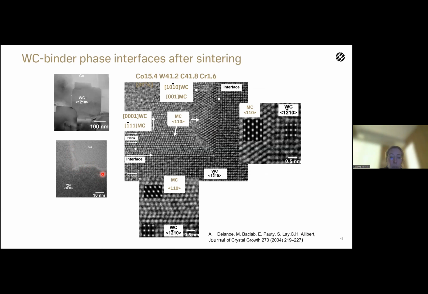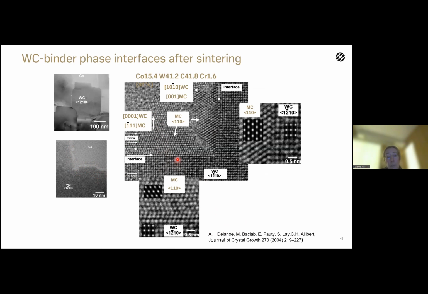And when we looked at this in higher resolution, Sabine and Aurélie Delanoë, who was the PhD student, saw that this is actually 3 nanometers of a cubic chromium tungsten carbide.